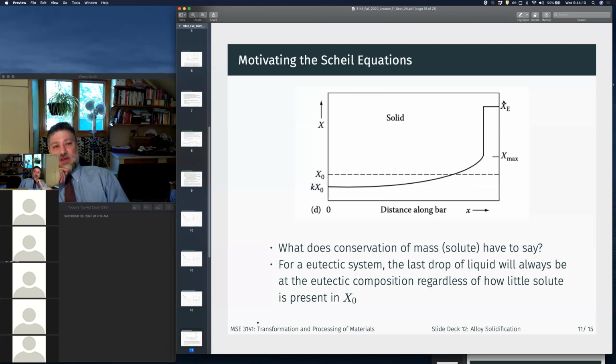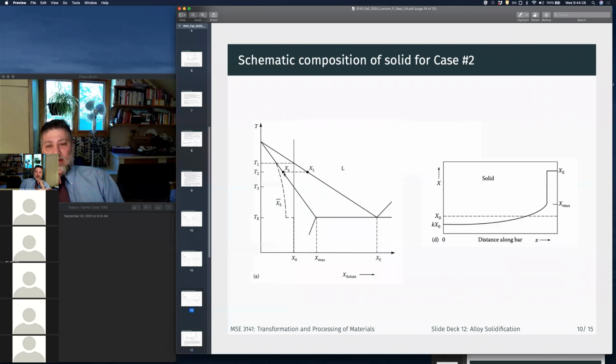We also have a changing delta G of mixing, because the bonds in the liquid are different than the bonds in the solid, right? And all of this sort of comes together, right? But really, it gets a little tricky when you try and go back from the phase diagram to thinking about how the individual Gibbs free energies are changing, right?